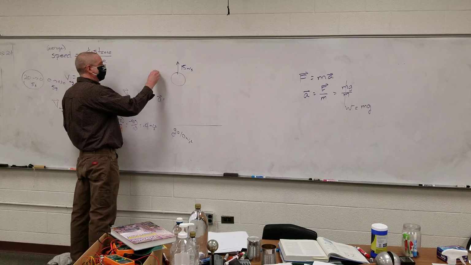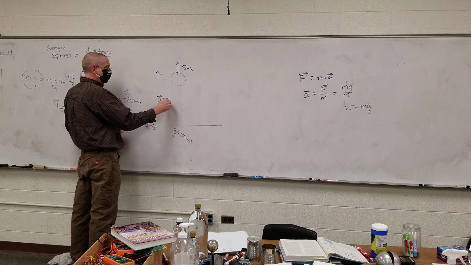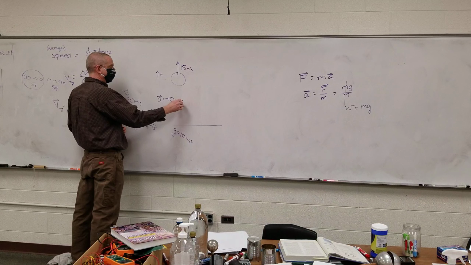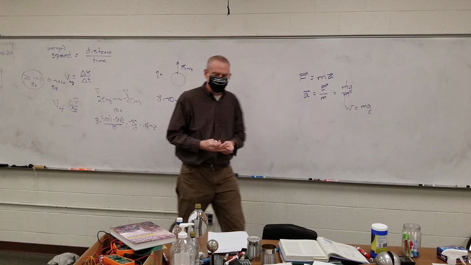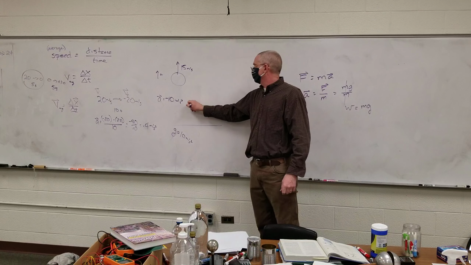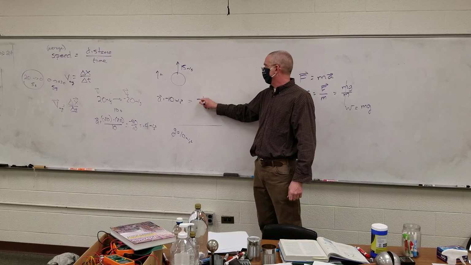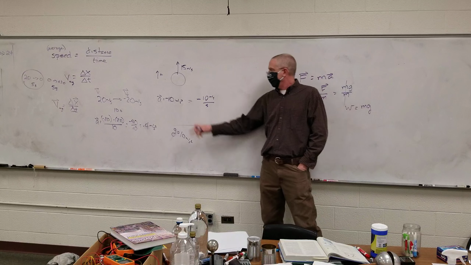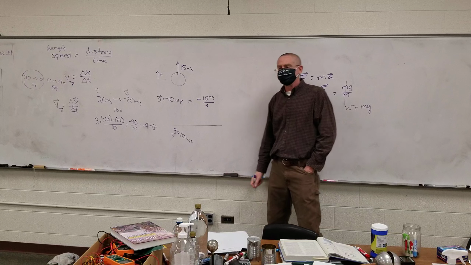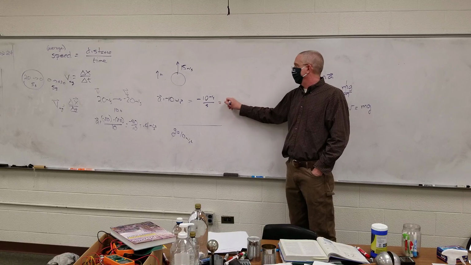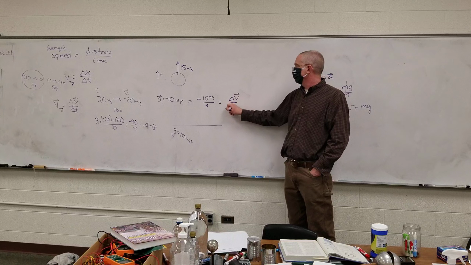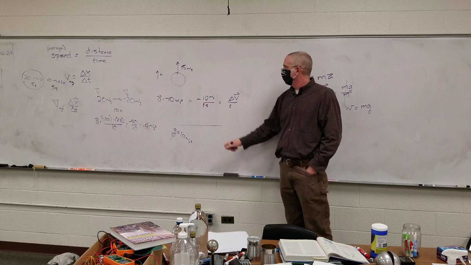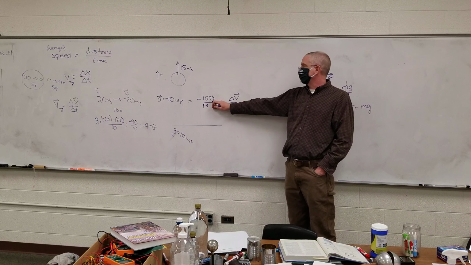So if we make up positive, my acceleration is negative 10 meters per second squared, which is the same as negative 10 meters per second every second. Mathematically, those are equivalent. That's my change in velocity over time. For every second that passes, my velocity changes by negative 10.